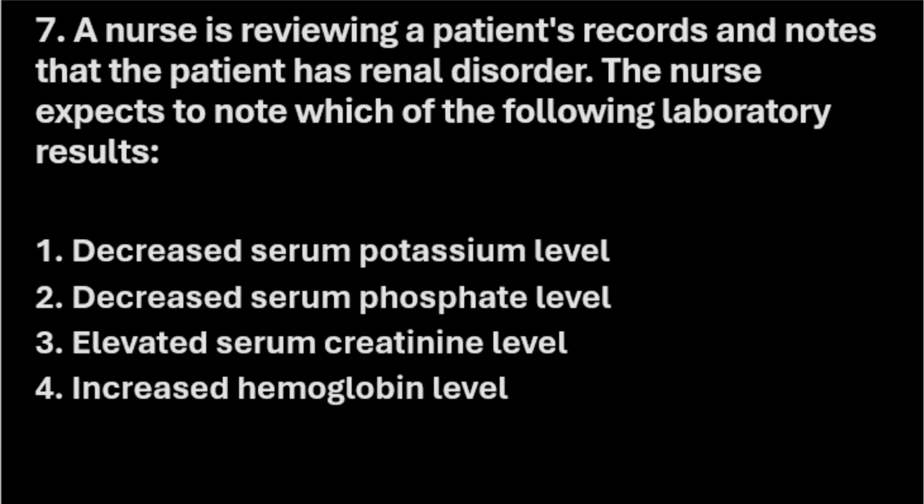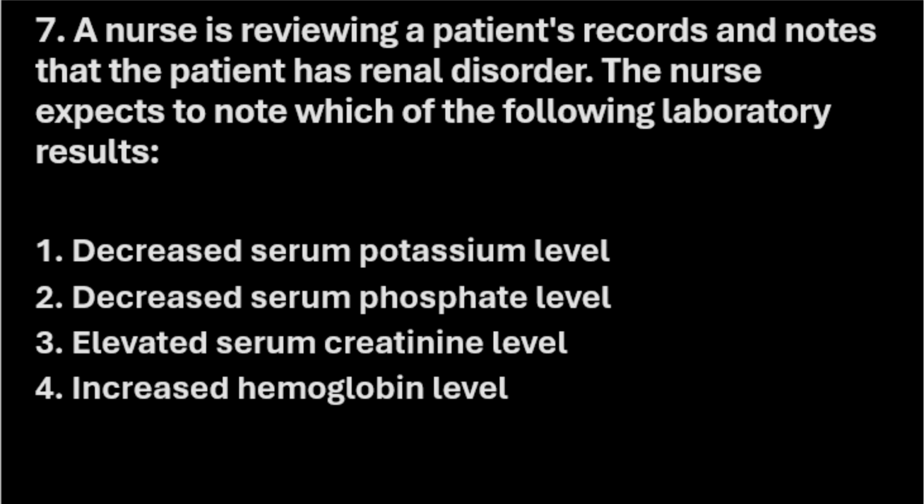Next question, a nurse is reviewing a patient's records and notes that the patient has a renal disorder. The nurse expects to note which of the following laboratory results. Option 1, decreased serum potassium, option 2, decreased serum phosphate, option 3, elevated serum creatinine, and option 4, increased hemoglobin level.